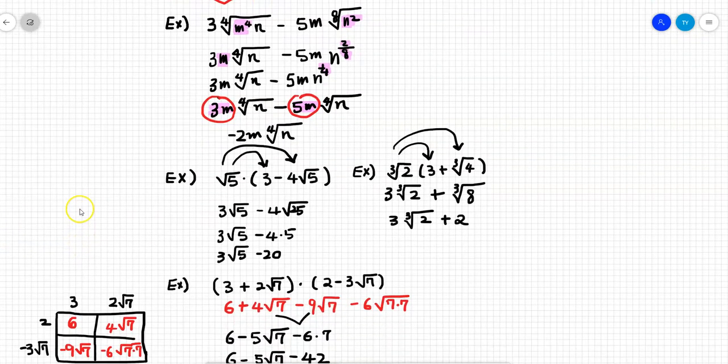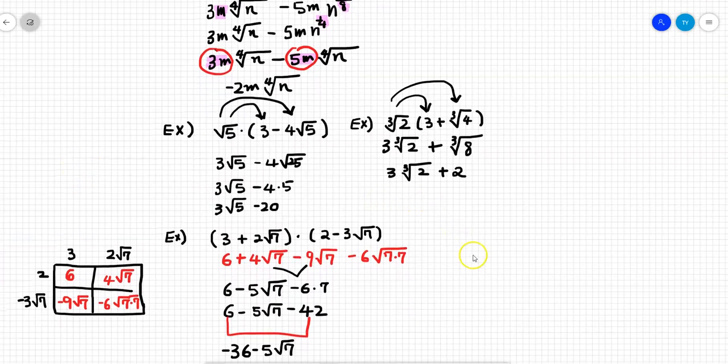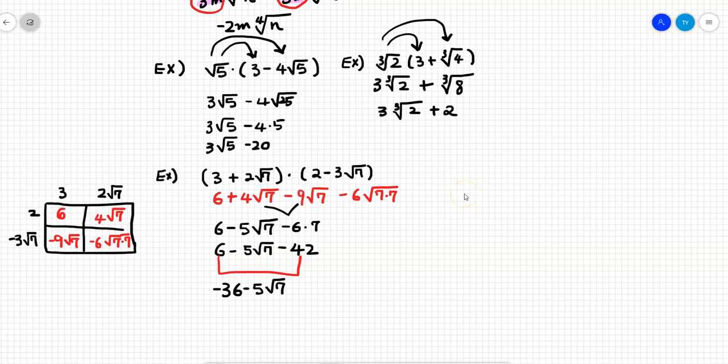Now, when you multiply radicals, I mentioned that when you multiply a radical with just a number, you do not want to put the number inside the radical. You just multiply them. In multiplication, we don't have any restrictions on the radicand, as long as you have the same index.